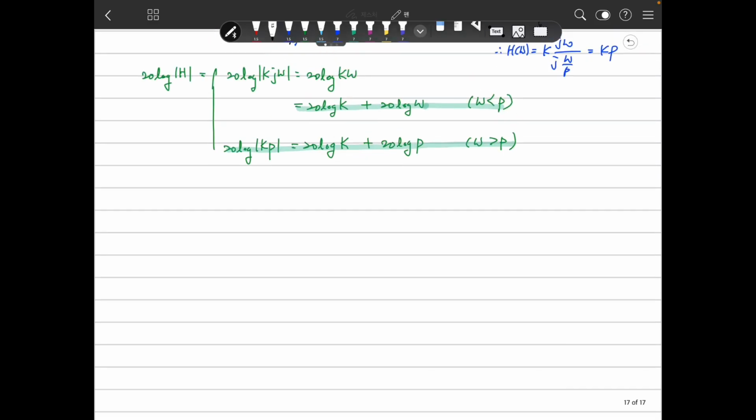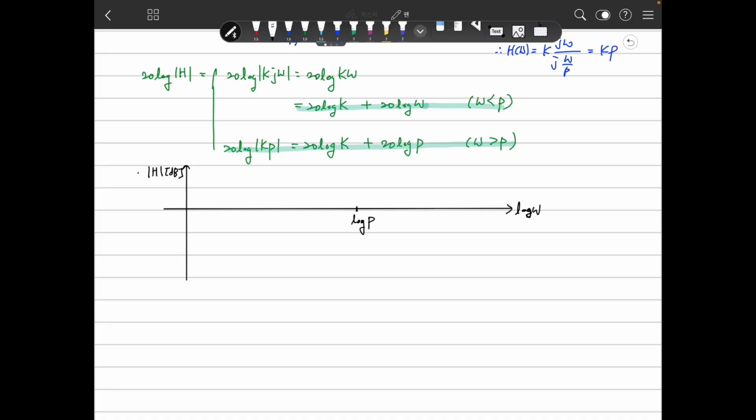Then what do we do here? We have one line. This is log omega. This is not omega, this is log omega. And let's say this is a point of p, therefore this is log p. Then we draw this line, which will be magnitude of H in dB here.